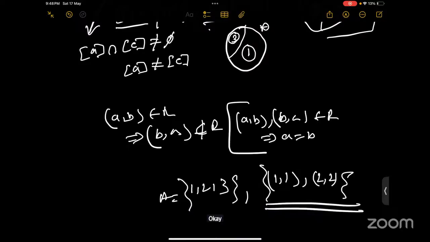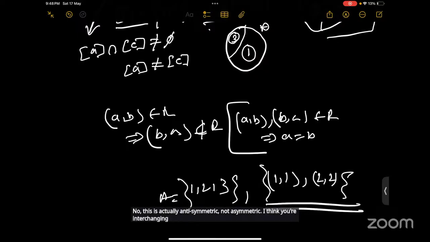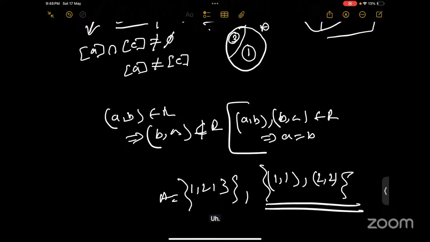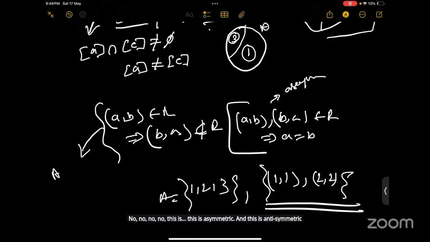No, this is actually antisymmetric, not asymmetric. I think you're interchanging the definitions of antisymmetric and asymmetric. Ma'am, I actually don't think so. No, this is asymmetric, and this is antisymmetric. Ma'am, I think he's right.